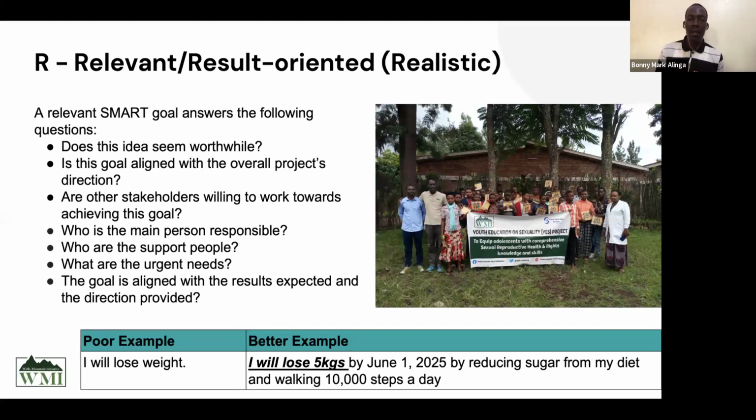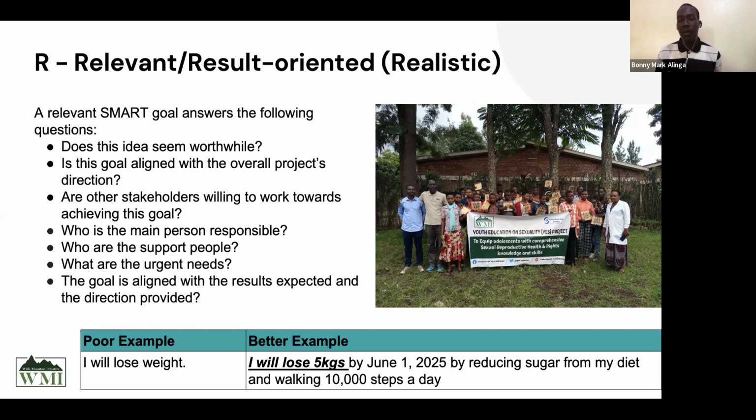Are there other stakeholders who are willing to work towards achieving this goal? Or is the goal for a small few people within the organization, or only the team, or some individuals? So if the large majority of the team are not seeing the sense or not buying into the achievability or the result-oriented focus of the goal, then there's a problem. We need to redefine it.